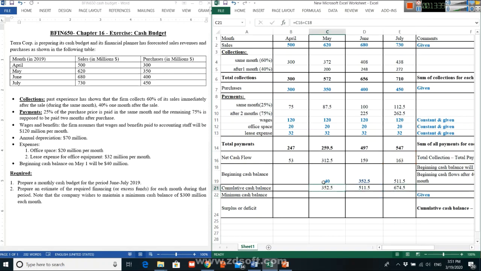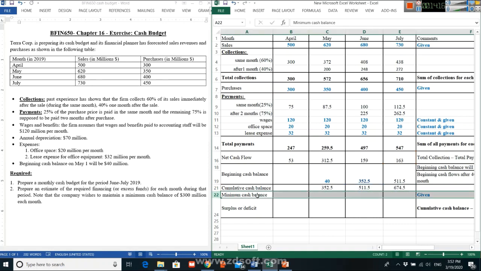So as you can see in here, it is the summation of the net cash flow plus the beginning cash balance, and it is the same as the beginning cash balance of June. And in here, it is the summation of the cumulative cash balance plus the net cash flow. And finally, in here, it is the summation of the cumulative cash balance plus the net cash flow of July.